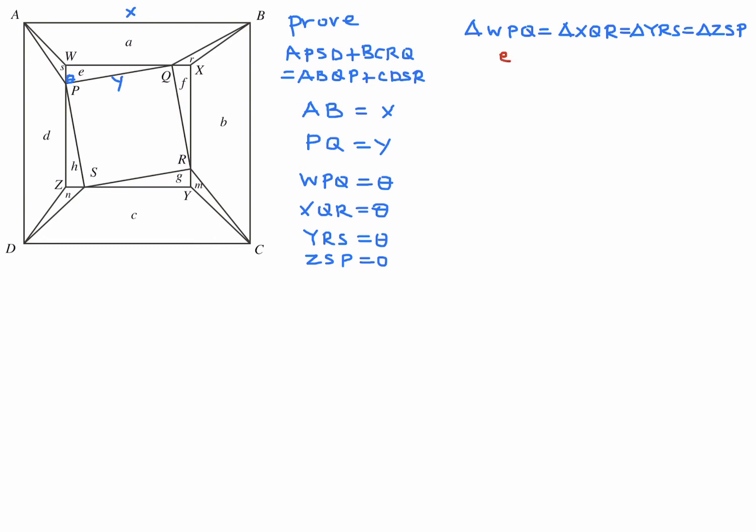E for this guy, F for that one, G and H. And these are all equal because they're congruent, they share the same side lengths, they share the same angles. Because in each of them they have a right angle, and each of them they have that theta angle. So the third angle will obviously be the same, and they also have the same side lengths. Each of them has a y.